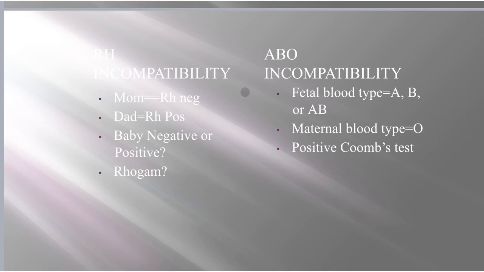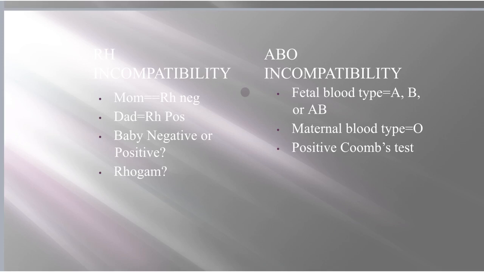Both kids will get Coombs tests done. Coombs tests are done at the first prenatal visit and then again at 28 weeks, and then they will do it again at birth against the cord blood. If that Coombs test is positive and we see that there are antibodies present in the fetal blood, that means this child is having issues.